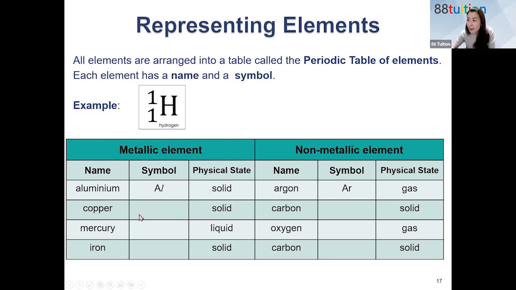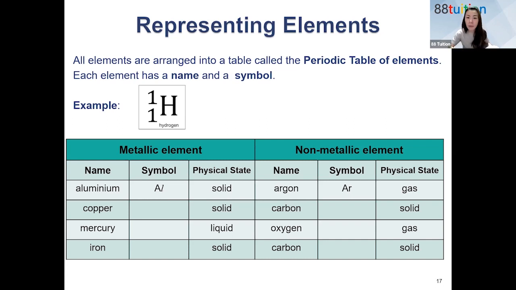Then you look at the questions here. Metallic element. Can you find the name aluminium? If you can find aluminium, you will see that the symbol is Al. If you can find it, give me a thumbs up. Heiyin, can you find it or not?